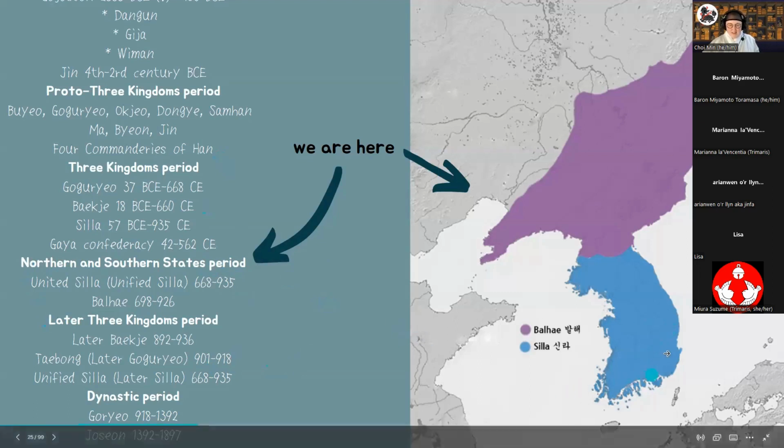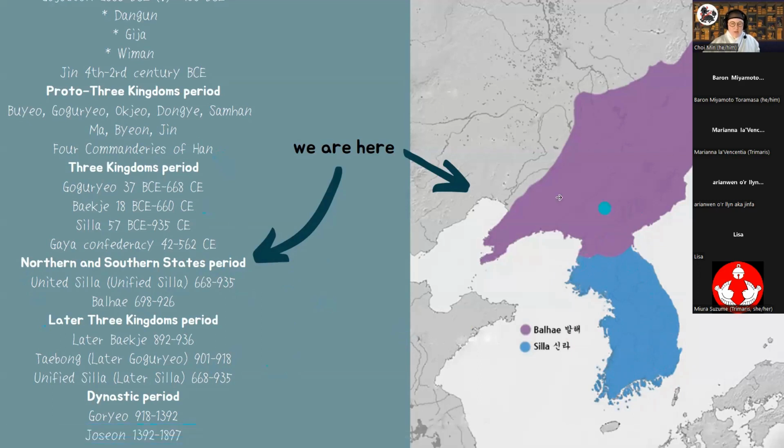So Silla has conquered Baekje and Gaya, and Goguryeo, but it went this far north, and past that point they weren't able to conquer very well, and so the remnants of Goguryeo's people went into and joined up with nomadic tribes up here and ran a country known as Balhae in Korean.